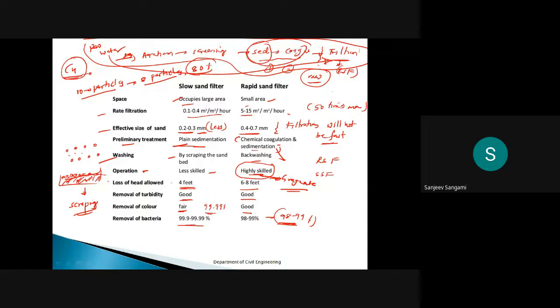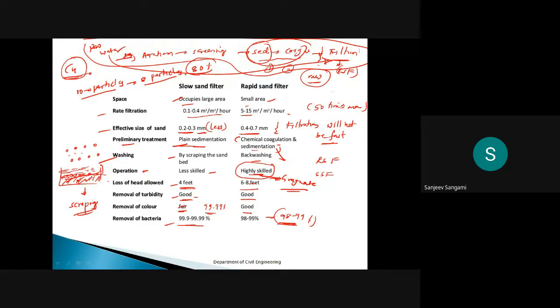Then loss of head allowed, that is 4 feet here, and 6.8 feet here. Loss of head means above the filter, how much depth of water is retained or remaining, that has to be decided. Then removal of turbidity, good. Removal of color, here it is fair and good.